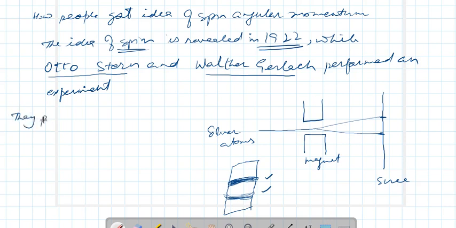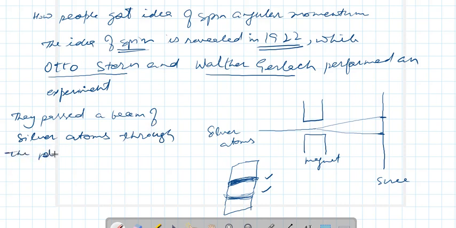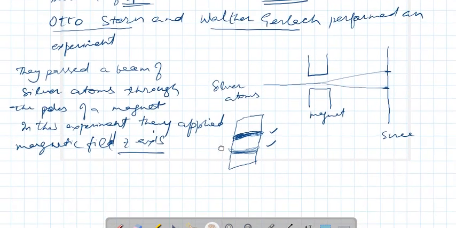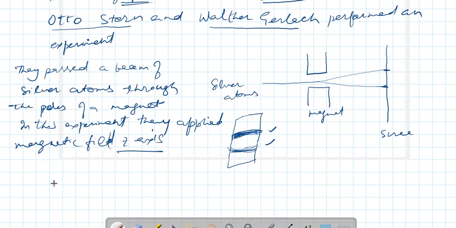What they did, they passed a beam of silver atoms through the poles of a magnet, or in other words we can say across the magnetic field, and in this experiment they applied magnetic field along z-axis, and they observed two bands, right?